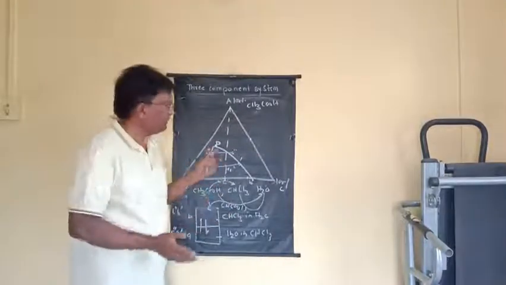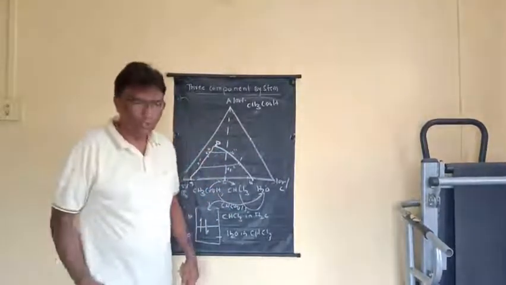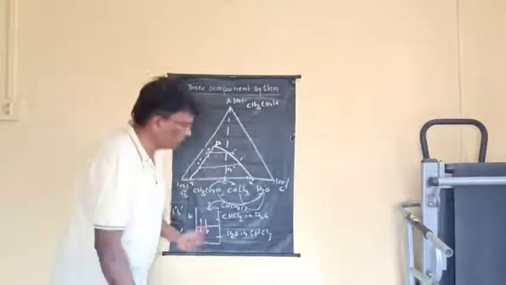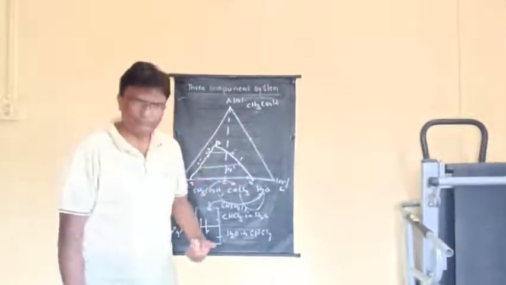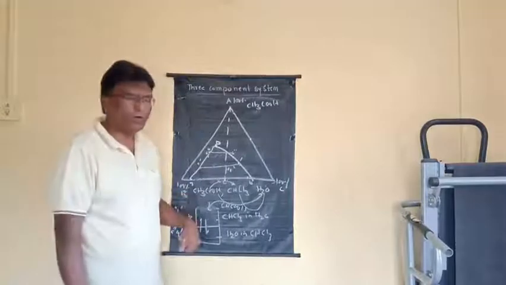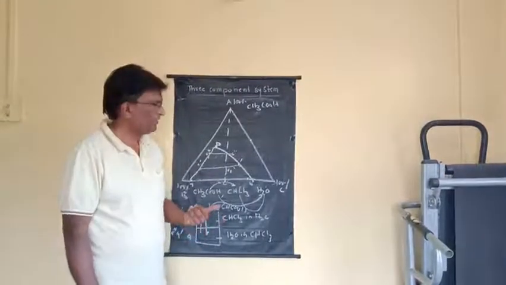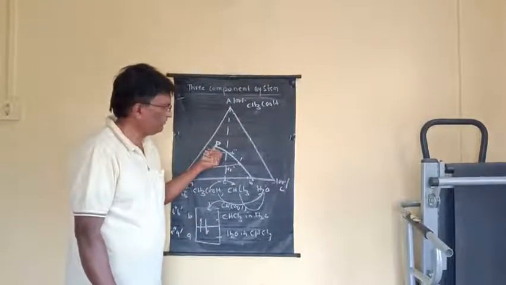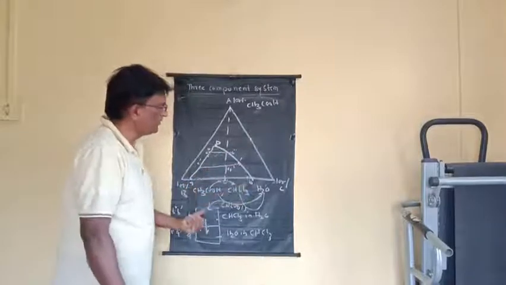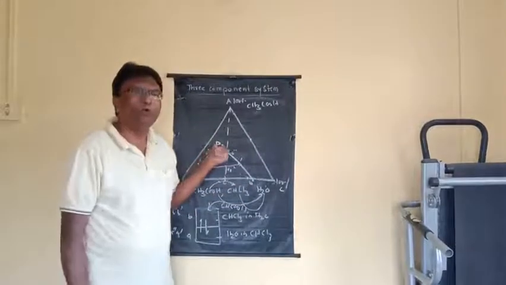That means here we get homogeneous solution of three components, that means water, chloroform and acetic acid. That means at this particular point, this heterogeneous system becomes a homogeneous system.